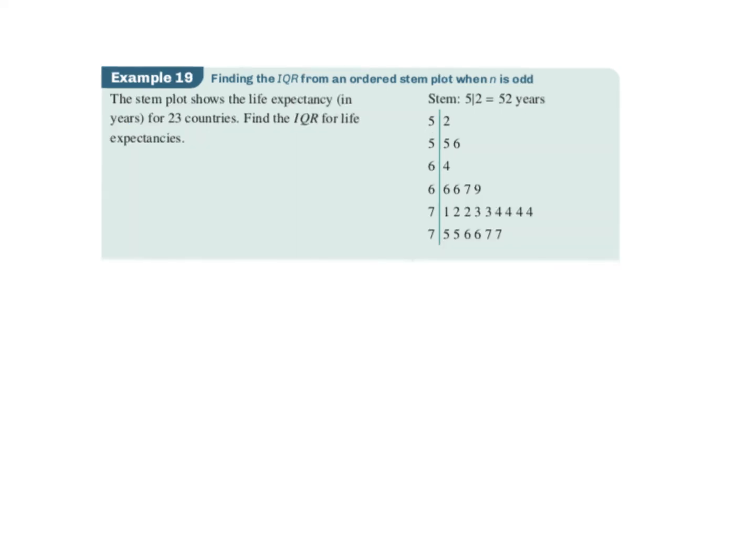Okay, let's practice that again. The stem plot shows life expectancy in years for 23 countries, so n equals 23. Here we've got an odd set of numbers.